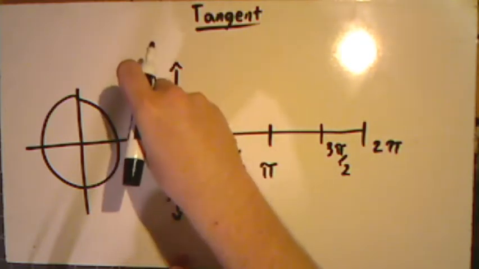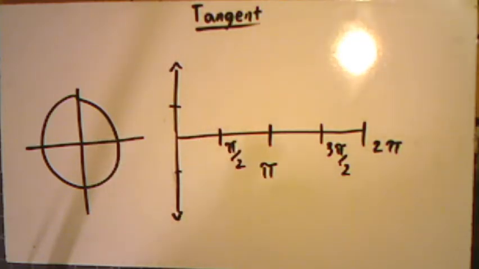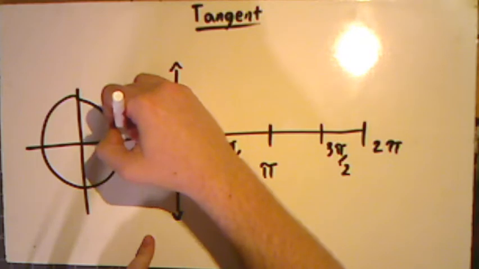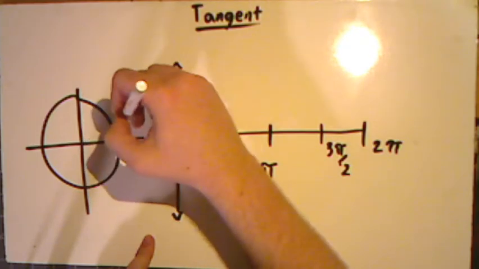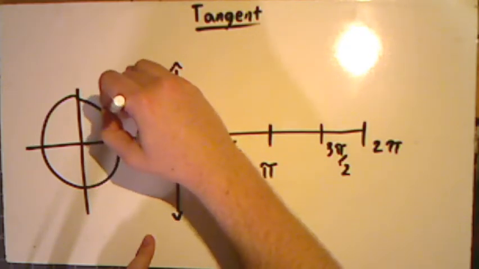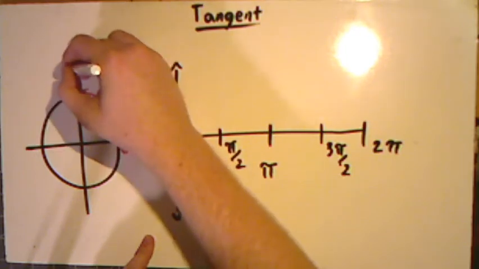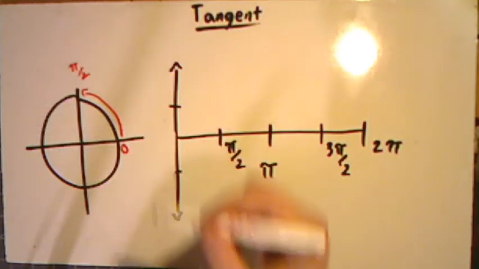Now, if we take a look at our unit circle for just a moment, we're going to go along the same process we did for cosine and sine. As we start at our radian of 0, we are going to move up to our first increment of pi over 2.